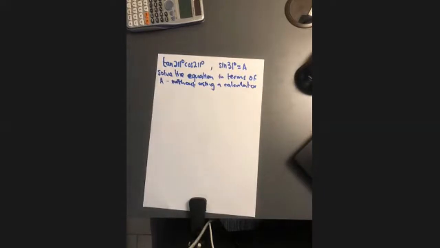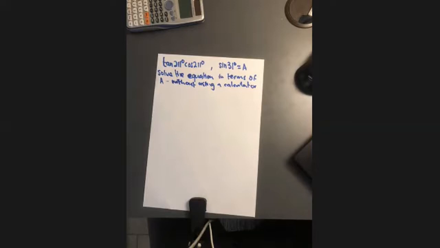When you're presented with such and you're told not to use a calculator, the first thing you want to resort to is the information that's given to you. We are given that sine of 31 equals A. So at the end, we must find something that will help us find the sine of 31 degrees.